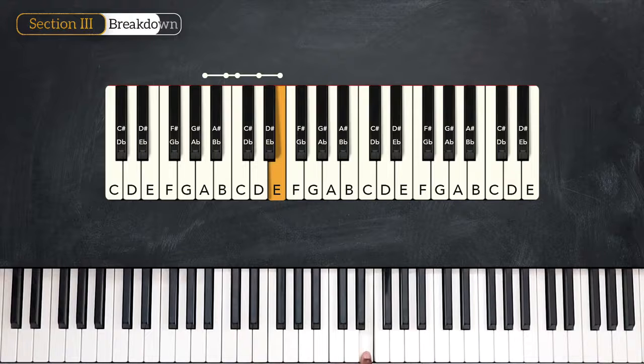You have E. Then, going up by one half step, you're going to land on F. Then go up one whole step, you have G. And that's all the notes for the scale. Right after that, we're going to go up one whole step and land back on A. That's the A minor scale.